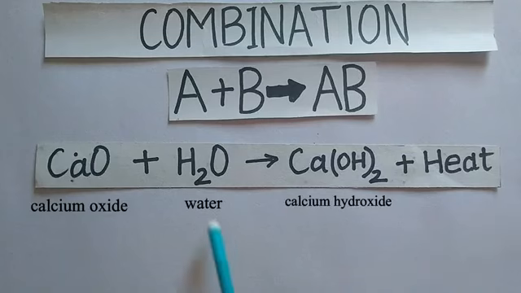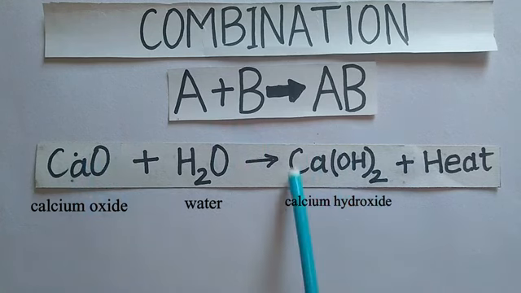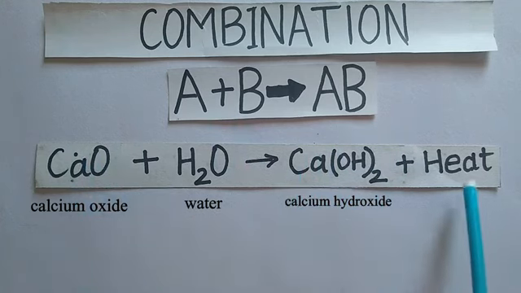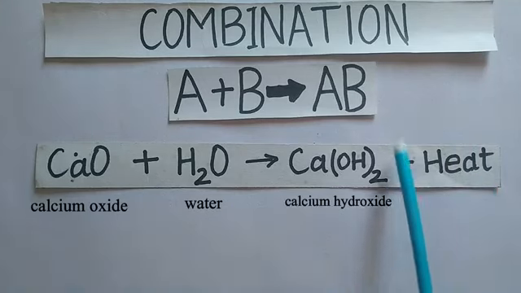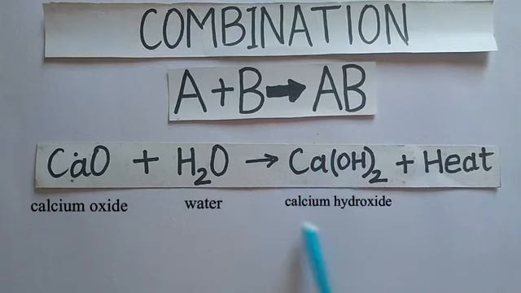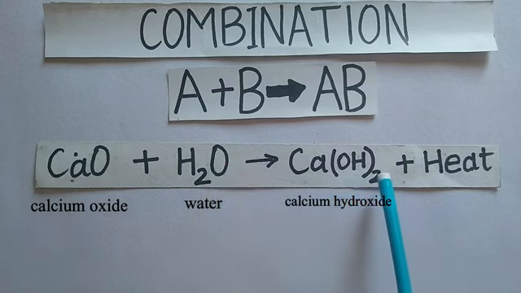Now you can observe there are two compounds, or you can say reactants in this case, because they are on your left hand side. So these reactants are combined to give you one single product. Now the heat that is generated will go away, right? But what remains is your calcium hydroxide. Alright? So your quicklime reacts with water to give you calcium hydroxide.